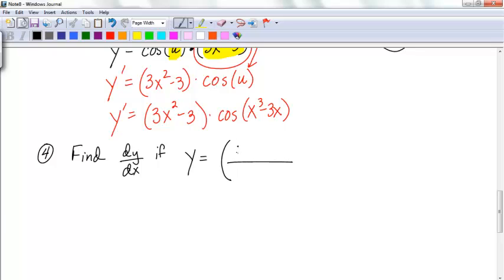Up in the numerator, t cubed minus 2t plus 1, and it's all over t to the 4th plus 3, and that whole thing is to the 13th power.